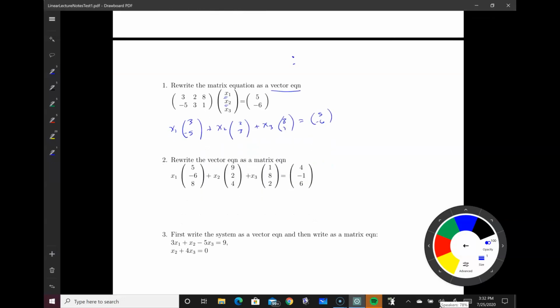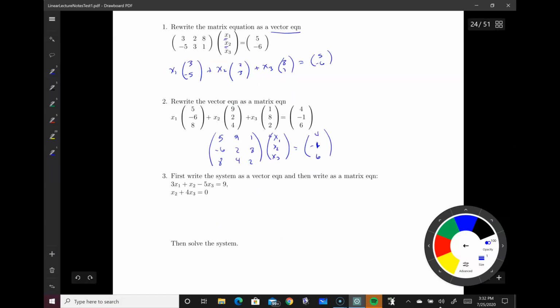Now rewrite this as the matrix equation. That's going to be the augmented, whoops, sorry. 5, 9, 1, negative 6, 2, 8, 4, 2, right? And then times x, and I'm just going to rewrite x as x1, x2, x3 equal 4, negative 1, and 6. So that's the matrix equation.